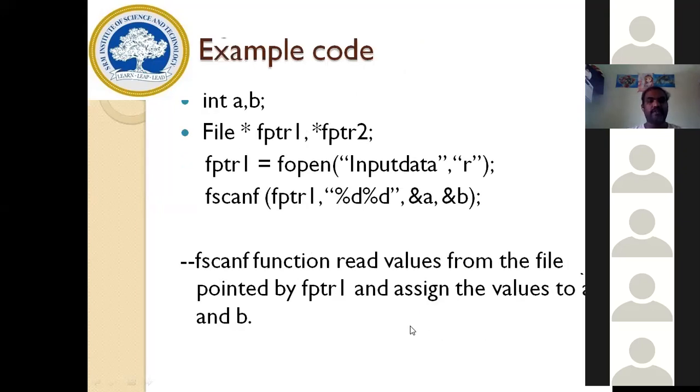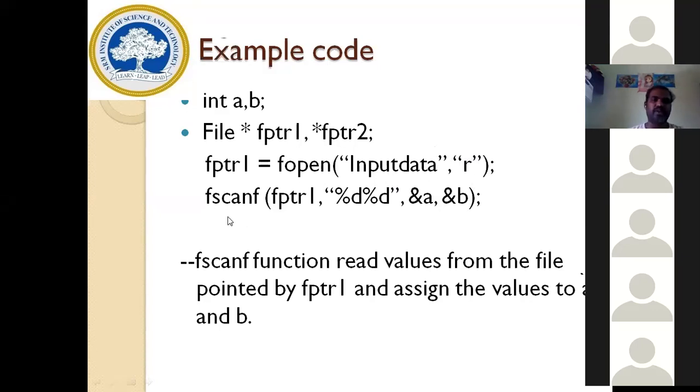So one more example also. In this case we are declaring two integer type variables a and b, and two file pointers, file pointer 1 and file pointer 2. File pointer 1 uses fopen with input data, that is the name of the file, for reading. So here fscanf.